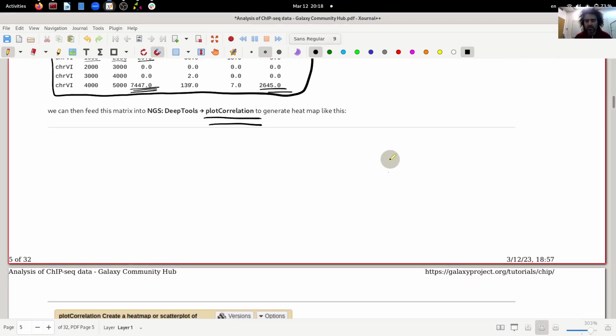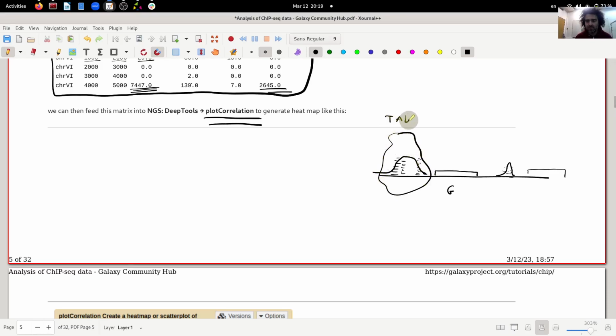So we have the gene here, and we have the reads stacked here, and here in a second gene. So this makes a peak here and another peak here, and this peak here denotes that the transcription factor TAL1 is bound here, and here TAL1 is bound here.